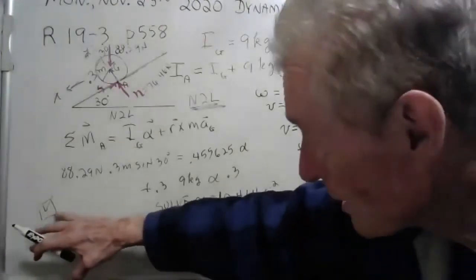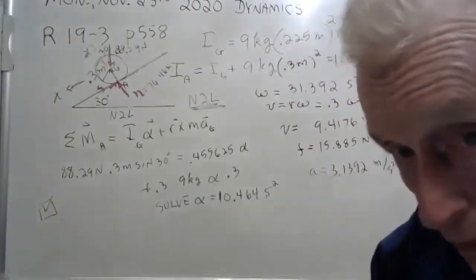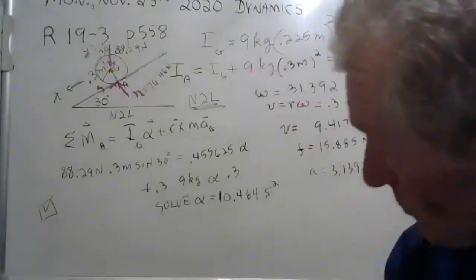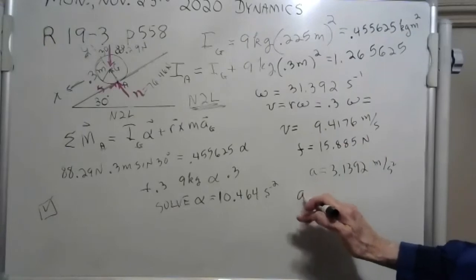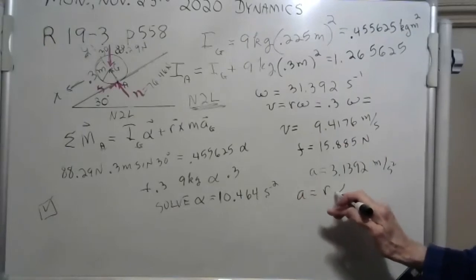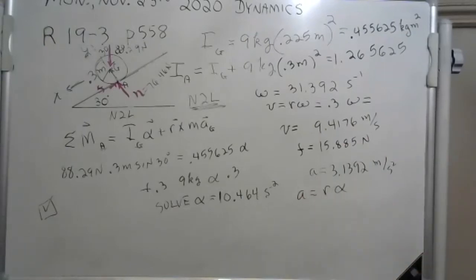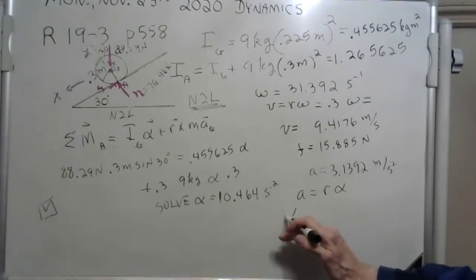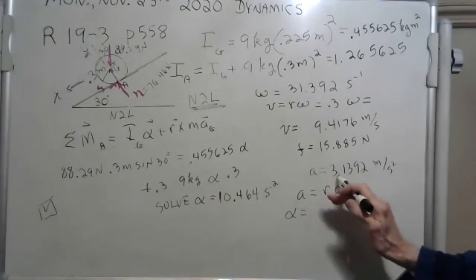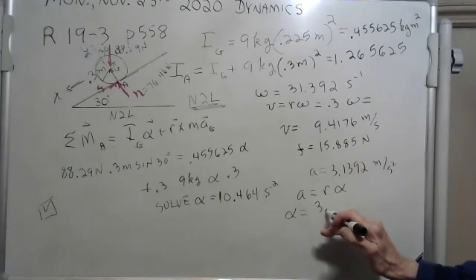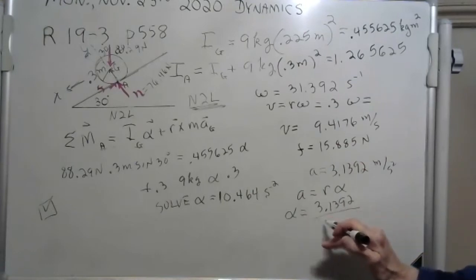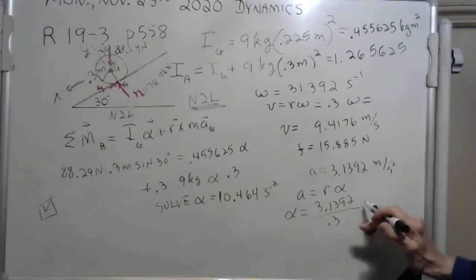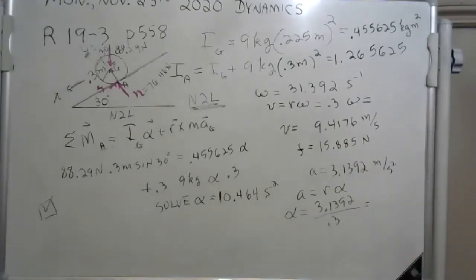This is called checking your work. It's a foreign concept to a lot of students. See, A is equal to R alpha. So you can get alpha by taking A, which we figured out another way a while ago, and dividing by 0.3.